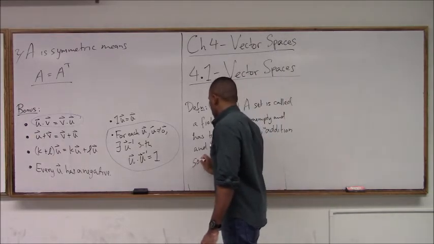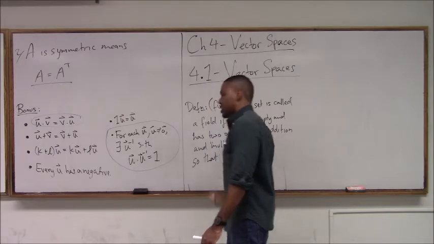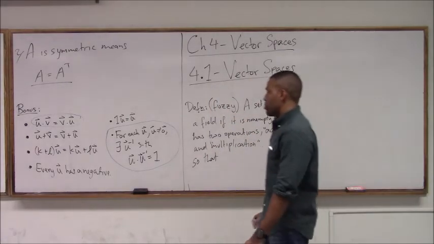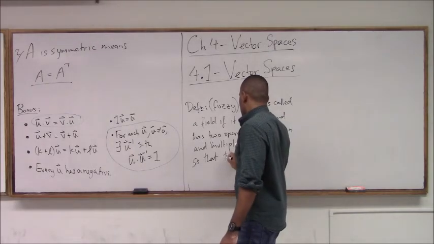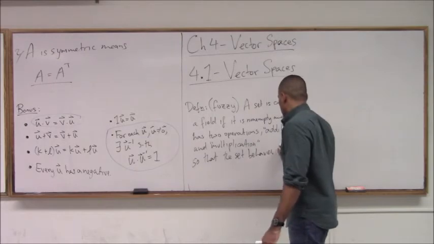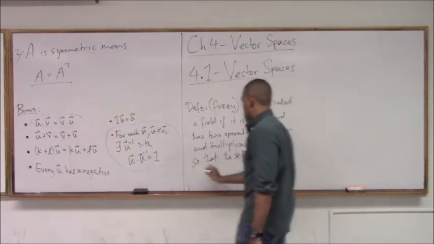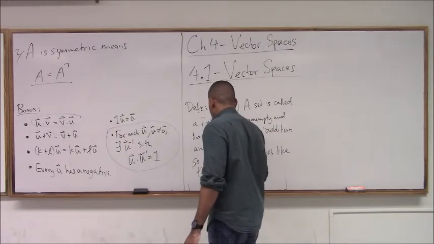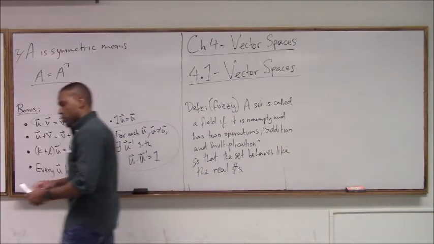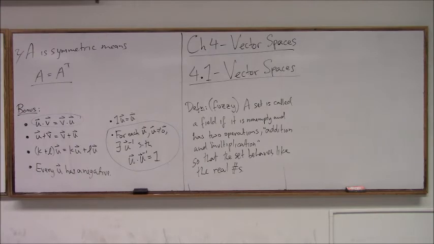Usually there is a list of properties here, but this is a fuzzy definition. I'm not going to tell you exactly what the list of properties is. But the set behaves like the real numbers.